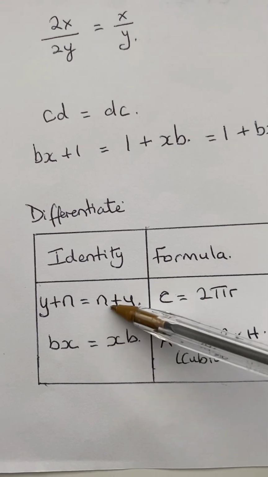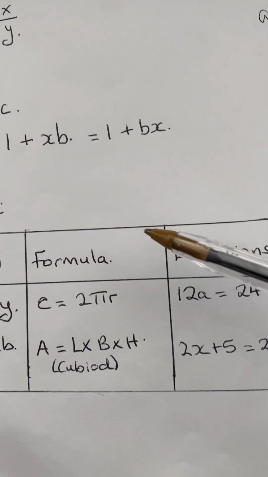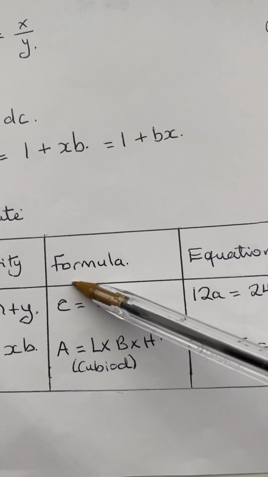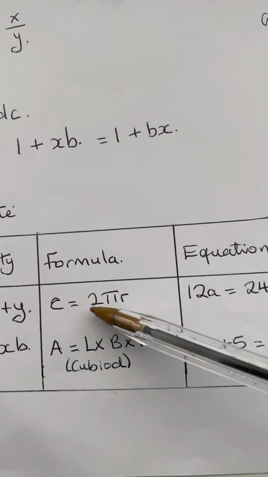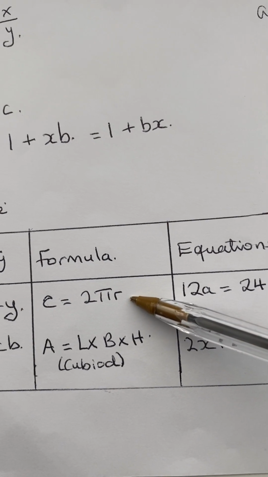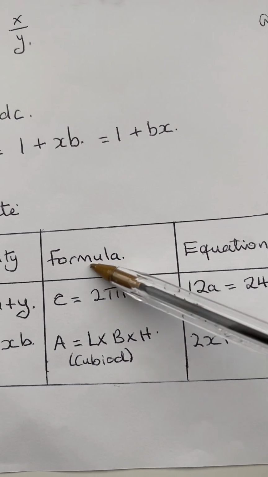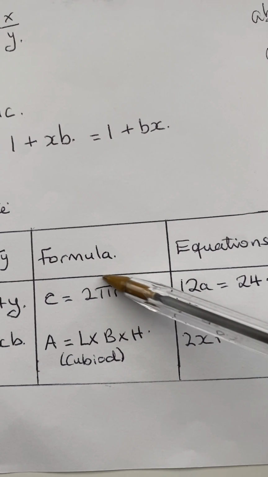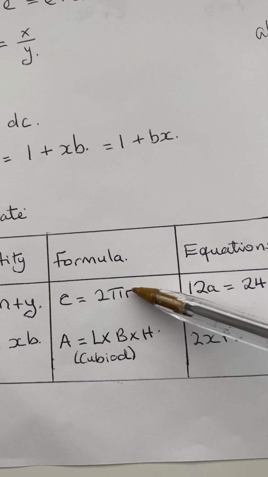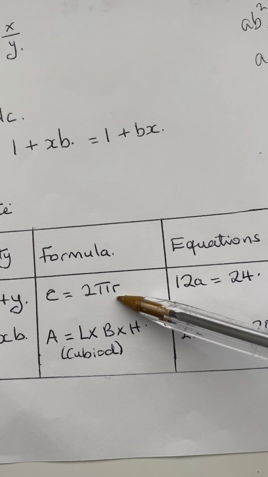Now in the formula column, I have the circumference of a circle, 2 pi r. Please don't forget this. Or you can put d over 2, the diameter over 2.